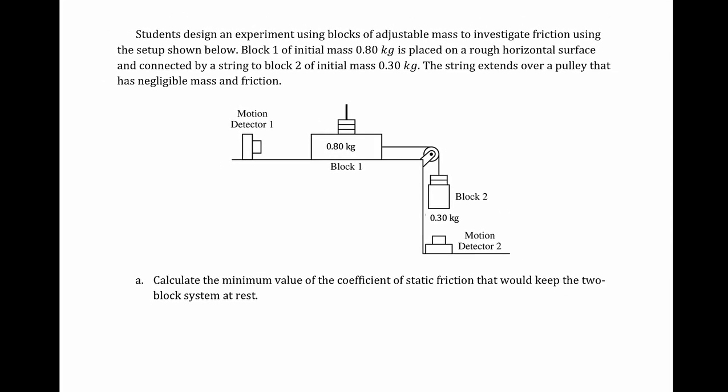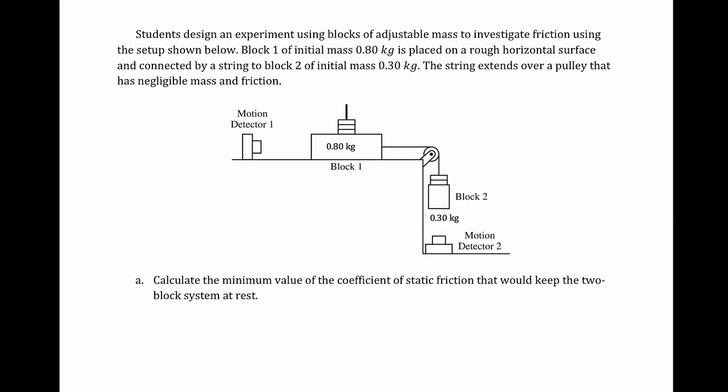this setup where we have a motion detector, an object that has a mass of 0.8 kg, a pulley, another object that has a mass of 0.3 kg, and another motion detector. Now, if we read the question, they mention that students design an experiment in order to investigate friction.